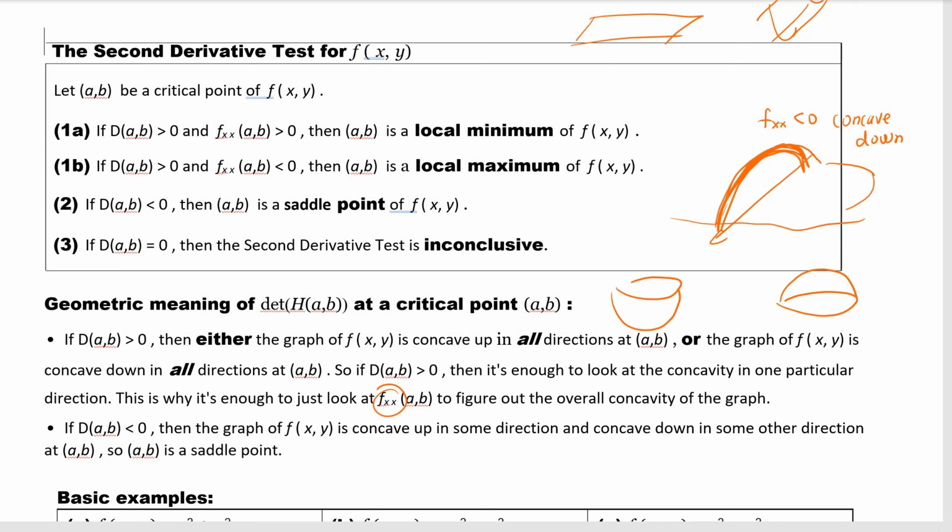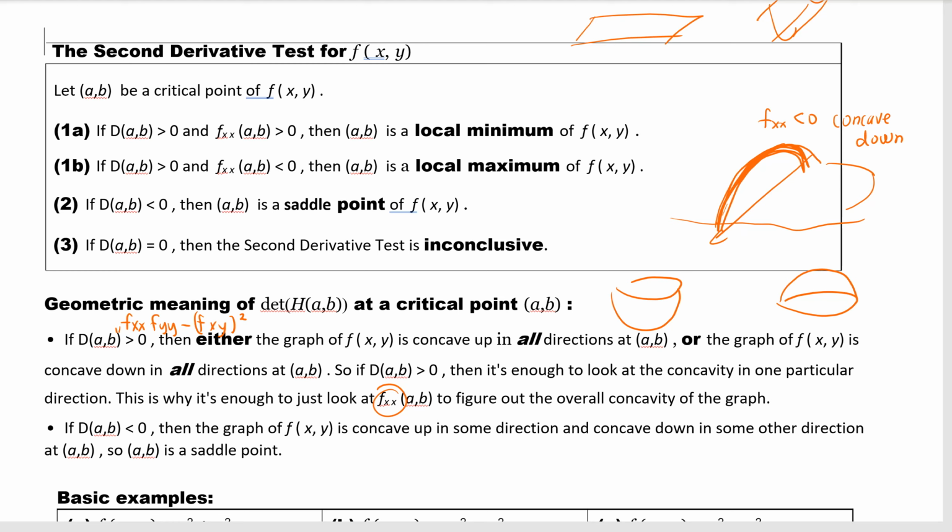And if you look at D, it is fxx fyy minus fxy squared. So if D is positive, it means the term fxx fyy is bigger, is positive. So fxx and fyy have the same sign, right? If fxx is positive, fyy is also positive.